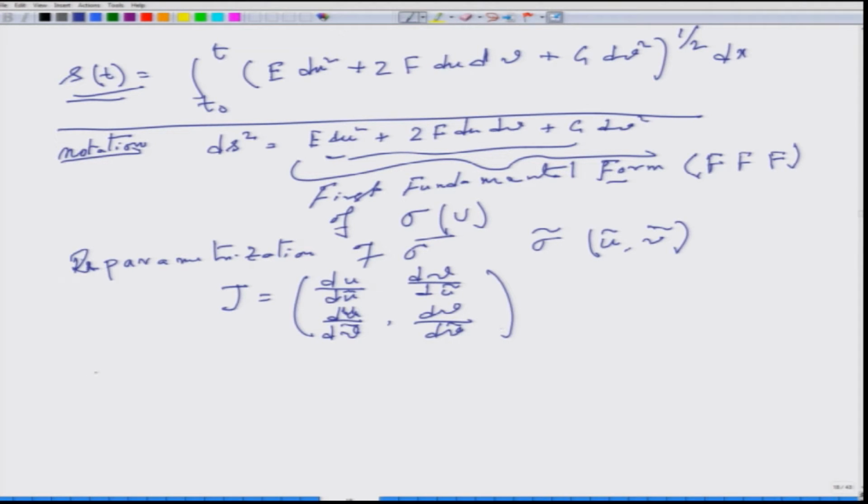You will see that the first fundamental form, if I write it in matrix form, E F F G, which is just a shorter way of writing the first fundamental form, usually denoted by F1, then this matrix and the reparameterized matrix will have this relation.